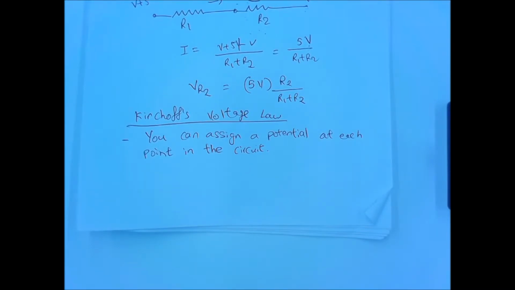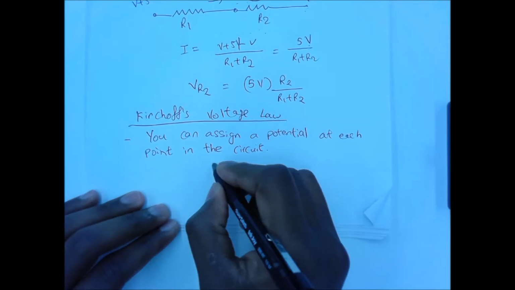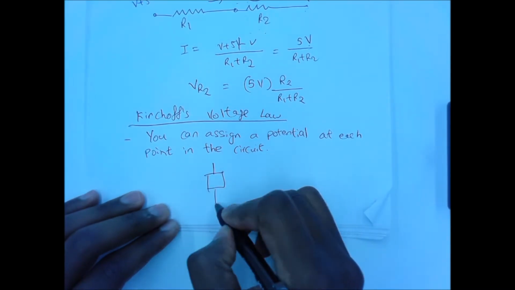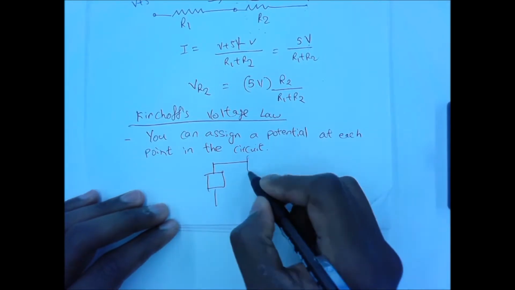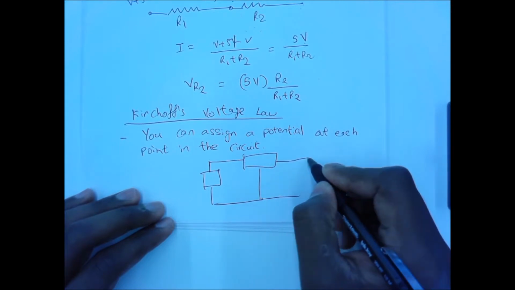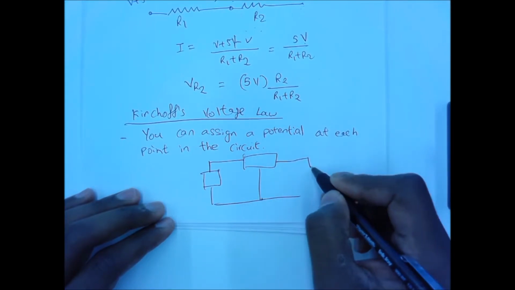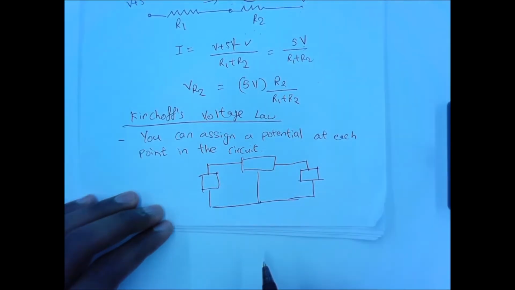So let's say I have some loop here, and I don't care what these things are. This can be batteries, this can be resistances, whatever. Let's take some 2 loops here. Let's put another one. This is not a good loop.